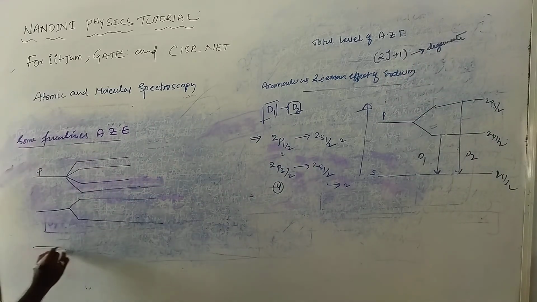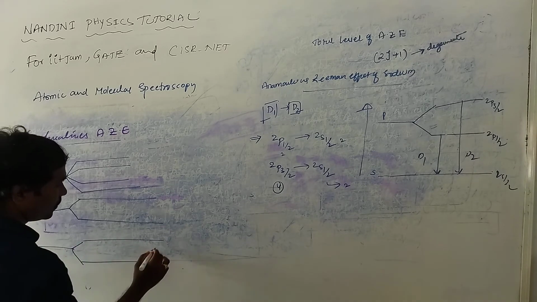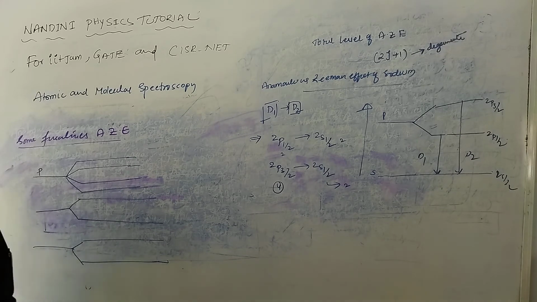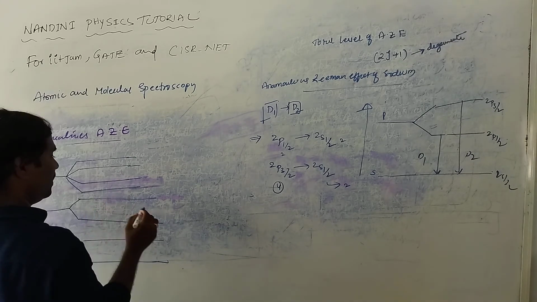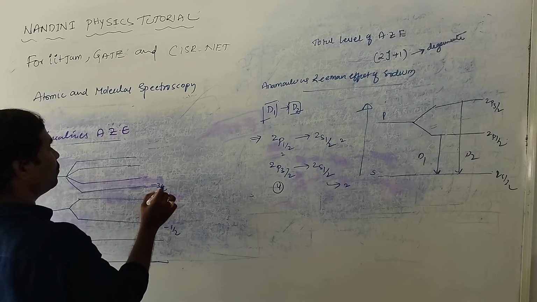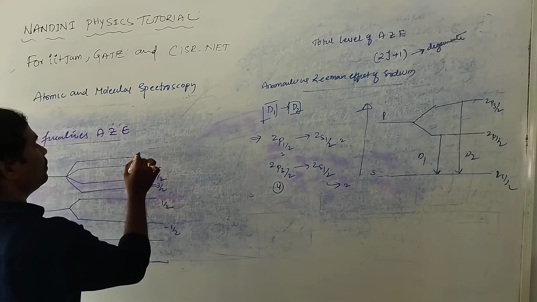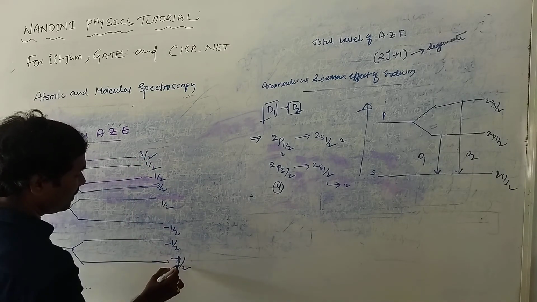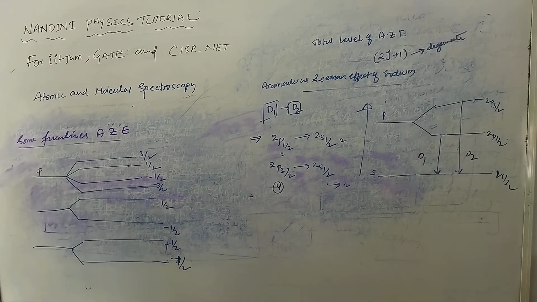Simply write minus 1/2 to plus 1/2, and this is minus 3/2, minus 1/2, 1/2, 3/2. So right now it will be splitting into lines.